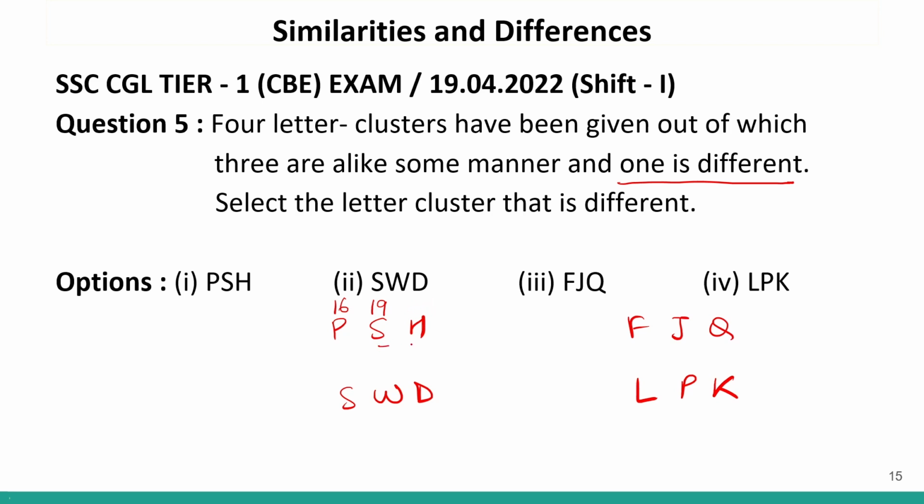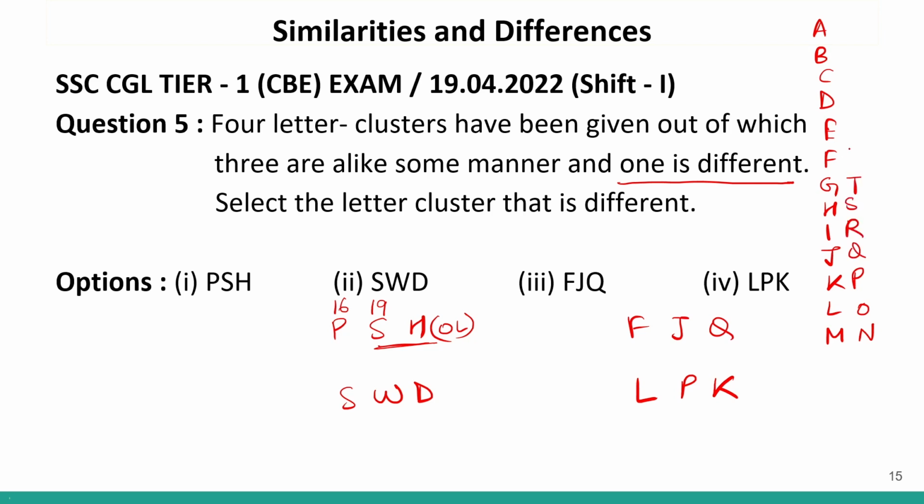If you know S and H are opposite letters, so I can assume that these are opposite letters. That is the relationship. If you do not remember what were opposite letters, I'll just quickly write them down for your reference, okay? So if I write my letters like this, A, B, C up to M, then start again, N, O, P, Q, R, S, T, U, V, W, X, Y, and Z. So if I write my letters like this, A is opposite to Z, B is opposite to Y, and so on.